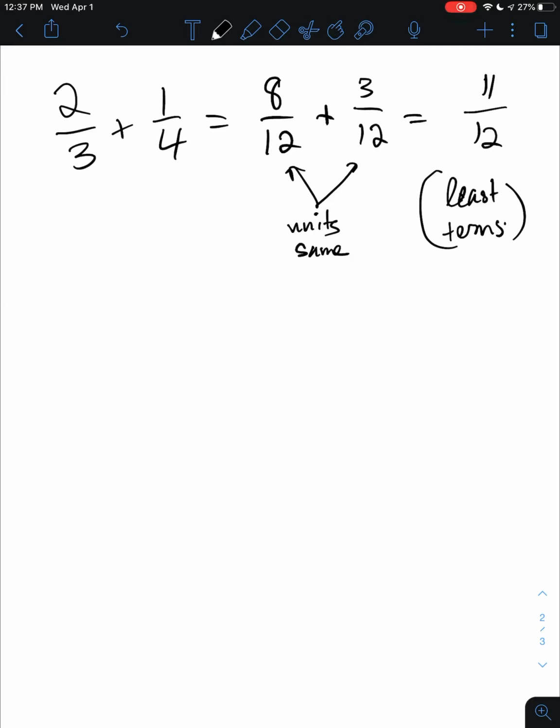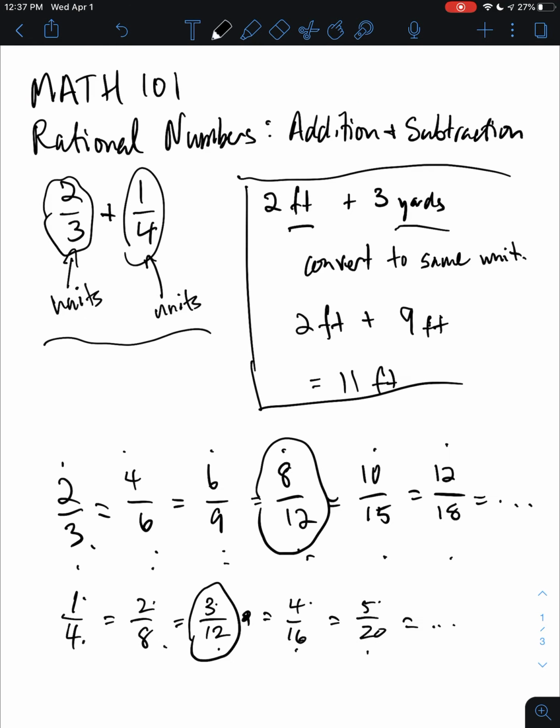Now, let's try to speed this up, to accelerate this process, because we don't always want to write down the full list of equivalent fractions. So how can we do this? Well, let's turn back to our list here and take a look. Really what we're interested in here is the denominators. We want the denominators to be the same. And so we're only really concentrating on the arithmetic sequences of denominators.